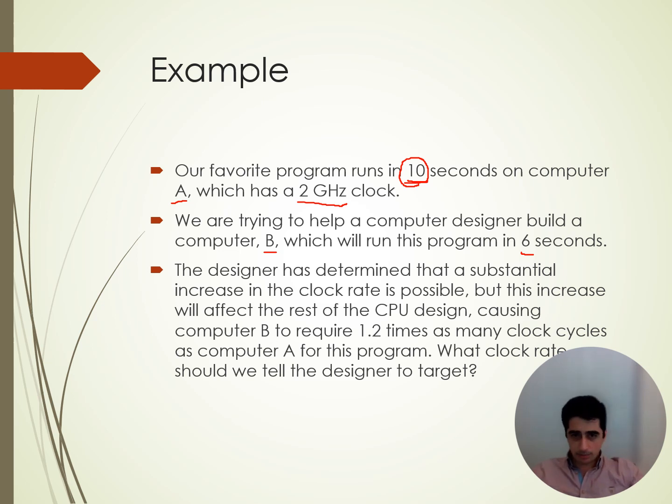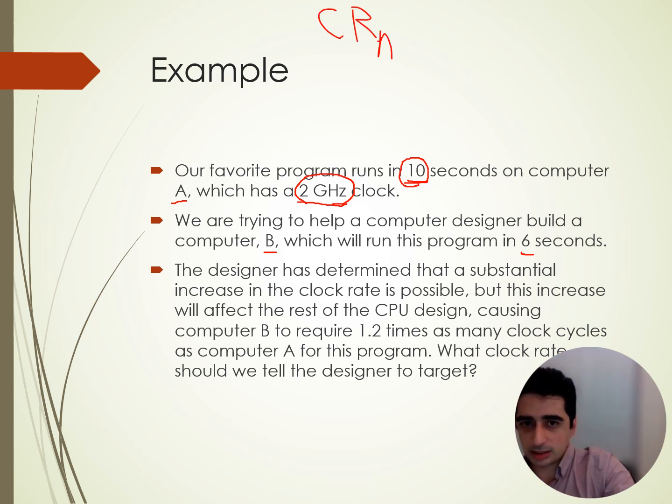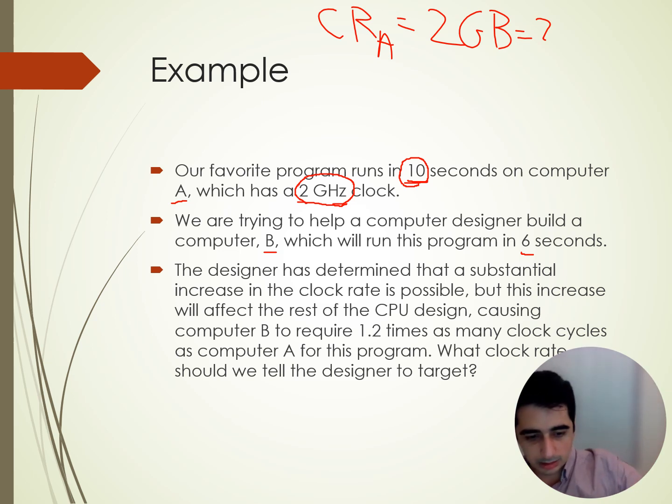So this is a problem that can be solved in a step-by-step fashion using the formula that we saw in the previous slides. I'm going to start by converting this clock rate for computer A to clock cycle time. So we know that the clock rate of A is equal to 2 gigahertz. 2 gigahertz means 2 billion hertz.